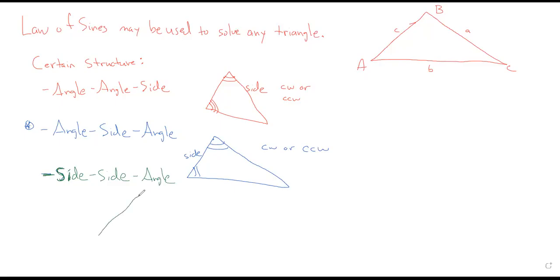So if you have a triangle, and in this case, if you have a side and then a side and then an angle here, then again, reading clockwise or counterclockwise, if you can read out the information that you know on a triangle and you happen to read the two sides and then an angle, then you have the capability of using the law of sines. And that will be the subject of another video.